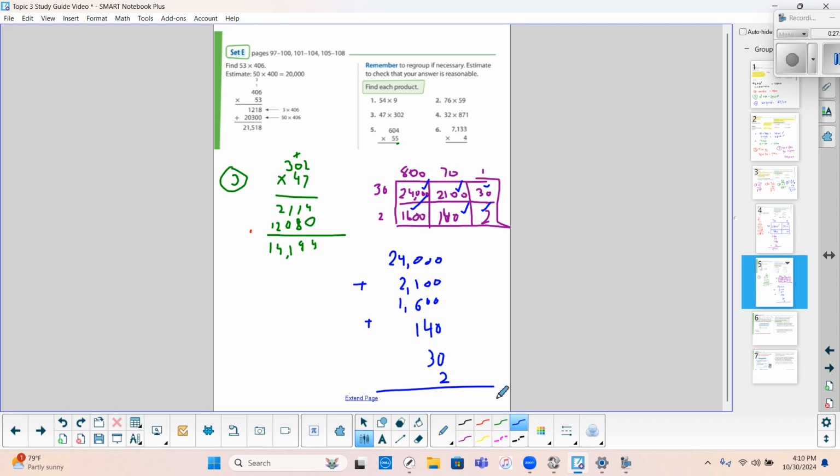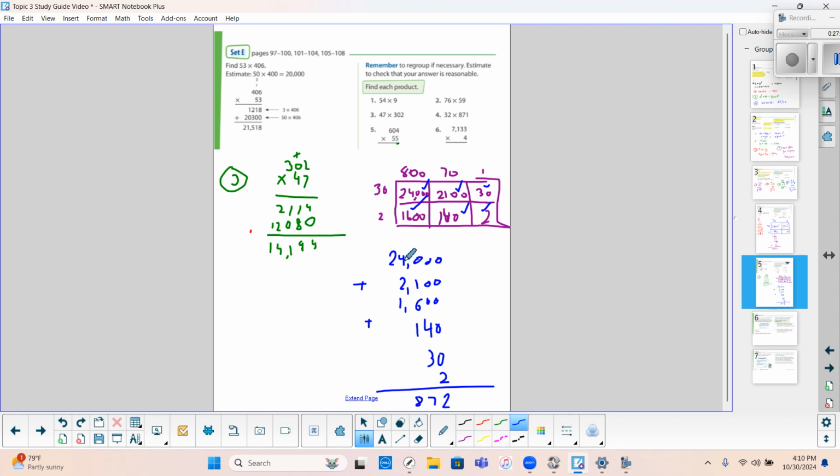So if I add these up, this column is a whole bunch of zeros and a 2, which is 2. This column, which is my 10s place value, is a bunch of zeros, a 4 and a 3, so that's a 7. Next place value is 0 plus 1 is 1, plus 6 is 7, plus 1 is 8.